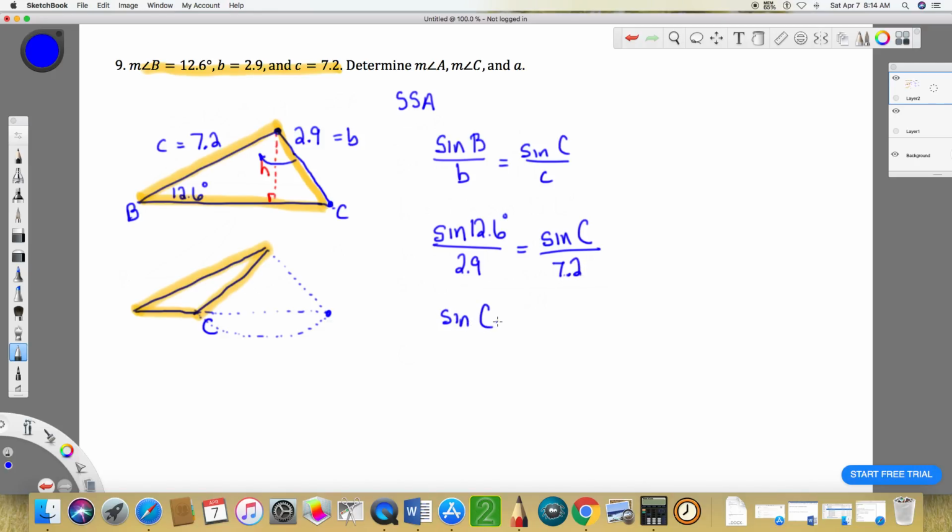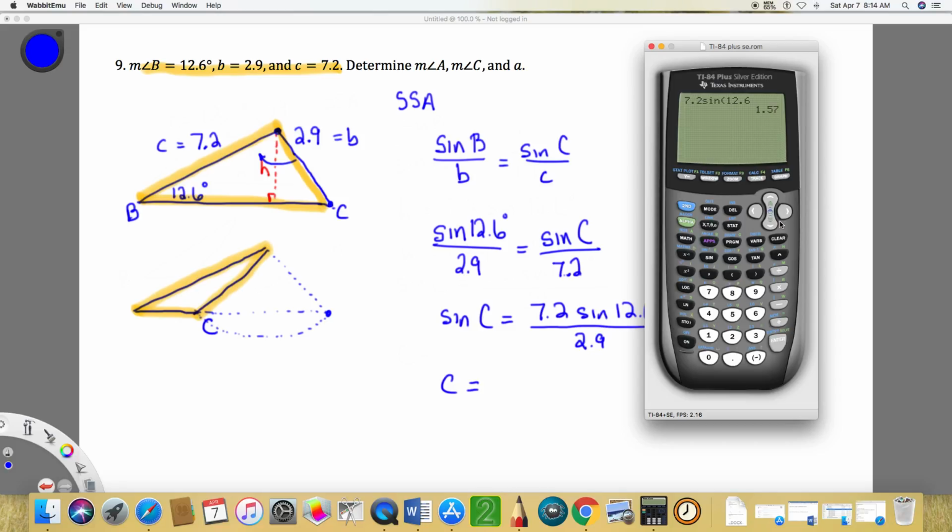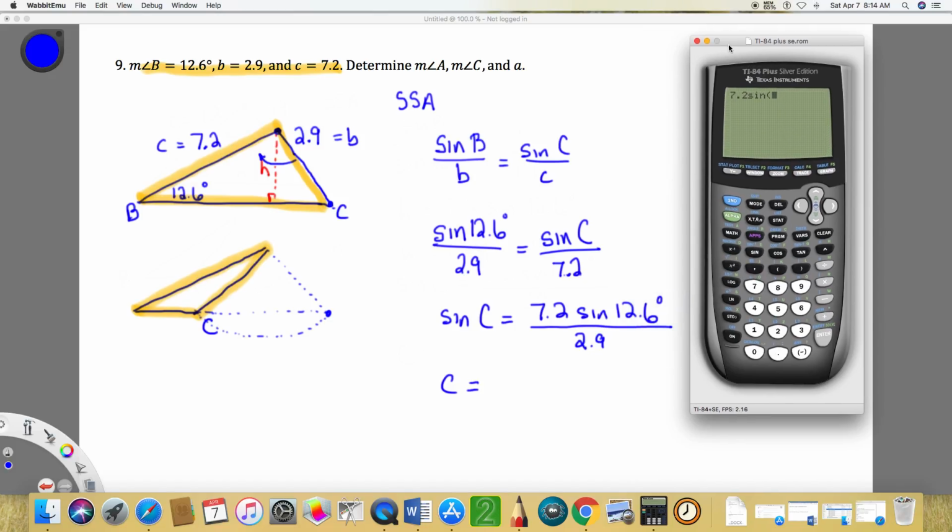So let's jump in, use the calculator, and get this ratio, and then use that ratio to find the measure of angle C. So I have 7.2 times the sine of 12.6, close that parenthesis, and then divide it by 2.9.